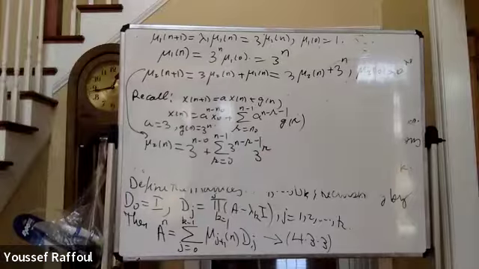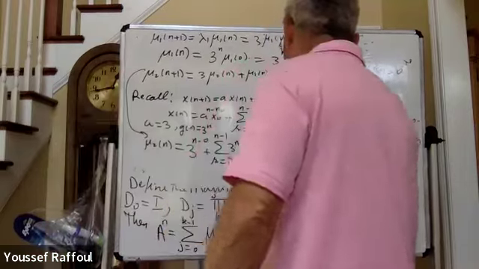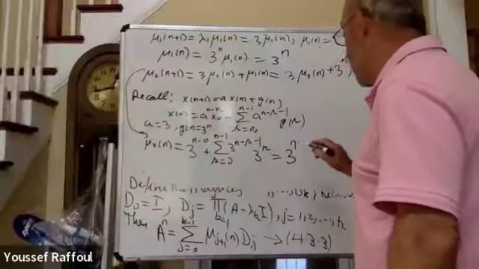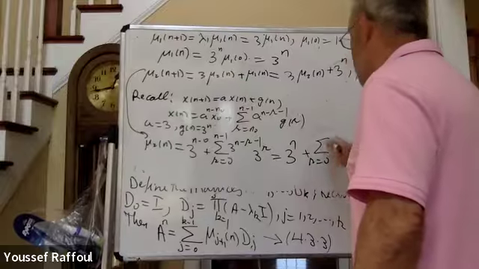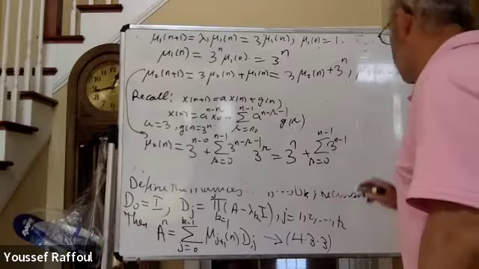The 3 to the power r cancels out. So this is the sum r equals 0 to n minus 1 of 3 to the n minus 1.